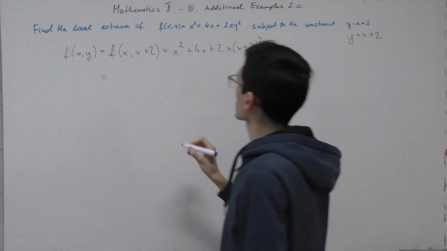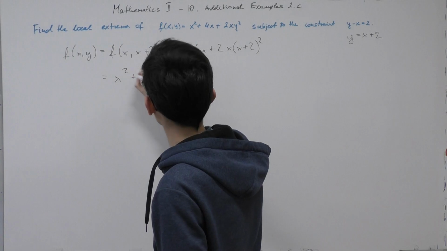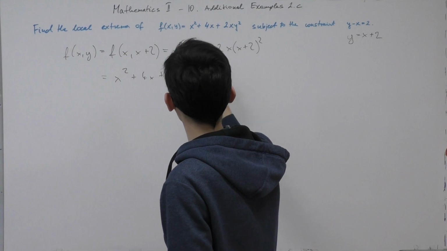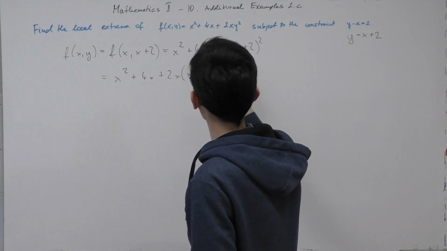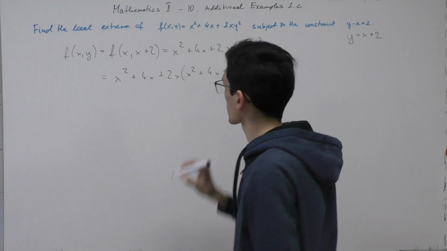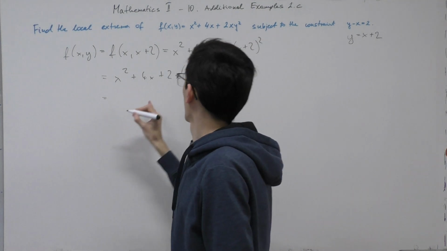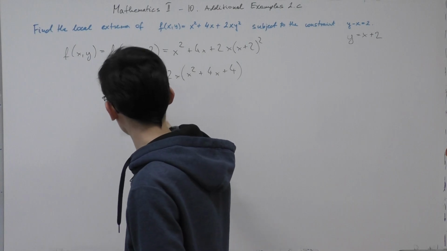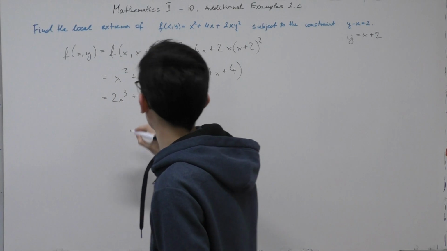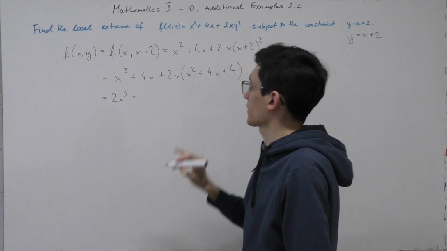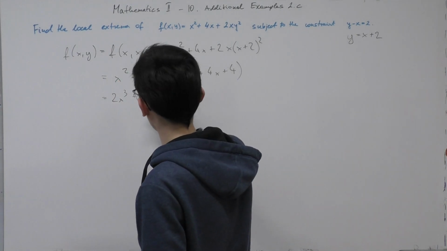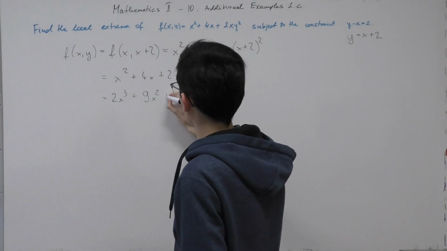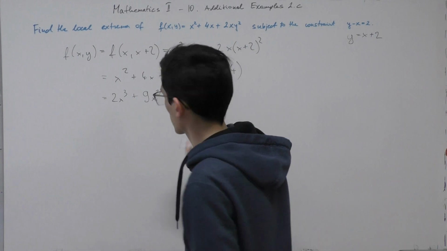We can simplify this. x squared plus 4x plus 2x times (x squared plus 4x plus 4), and we have 2x cubed plus 1 plus 8x squared, that is 9x squared, and 4 plus 8x, that is 12x.